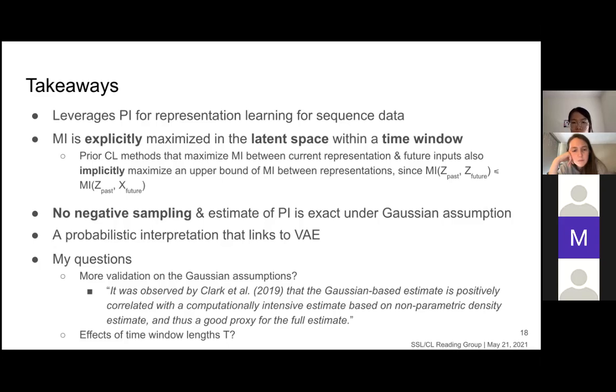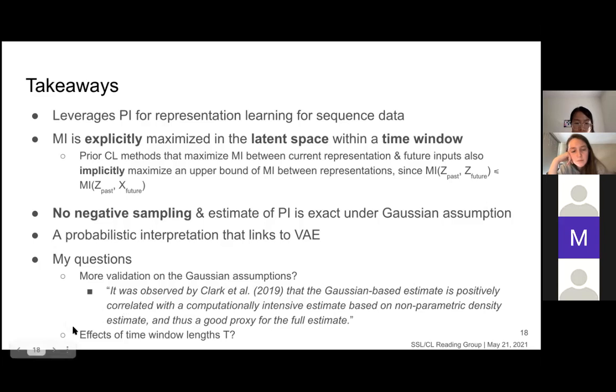So that's why they adopted the Gaussian assumption. From what I have read so far, I hope they can give more validations on this or some ablation studies.